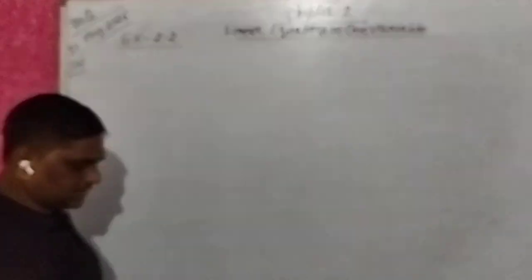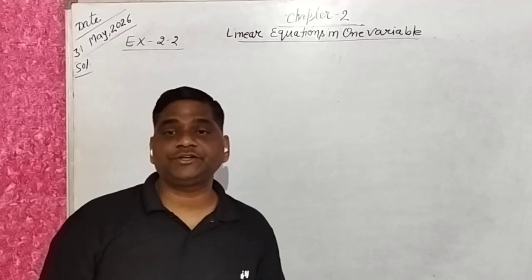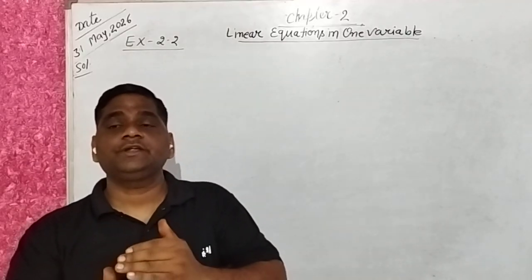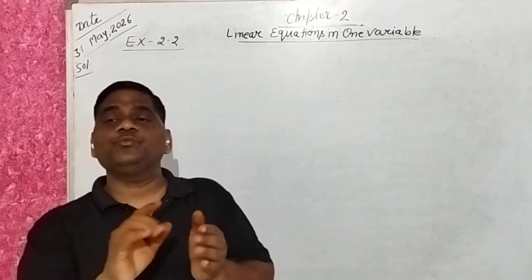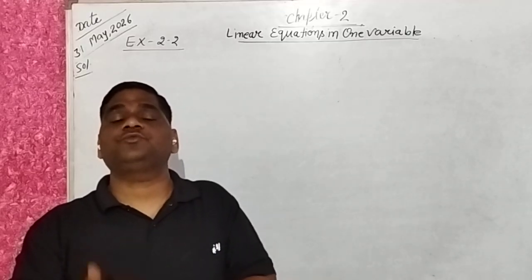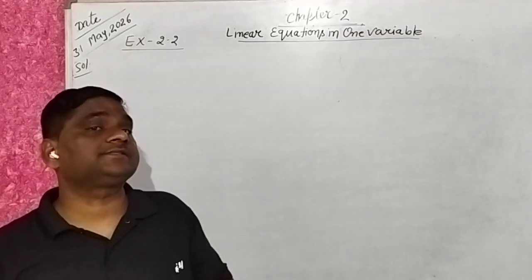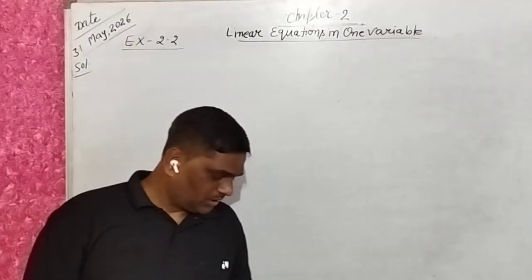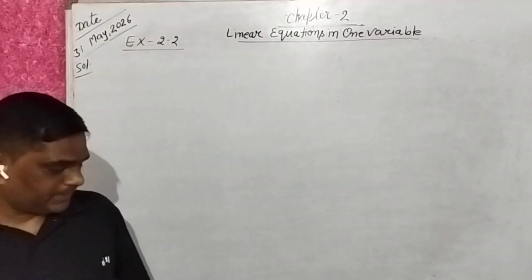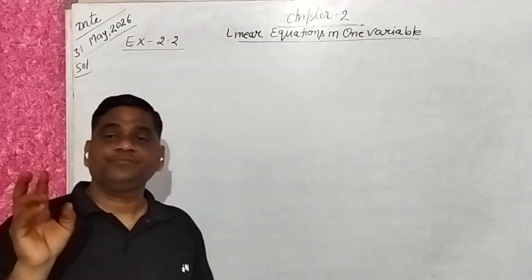Question number 6. Three consecutive integers. What is the meaning of consecutive integers? One after another, step by step, continuing: one, two, three, four. These are consecutive numbers. Three consecutive integers add up to 51.